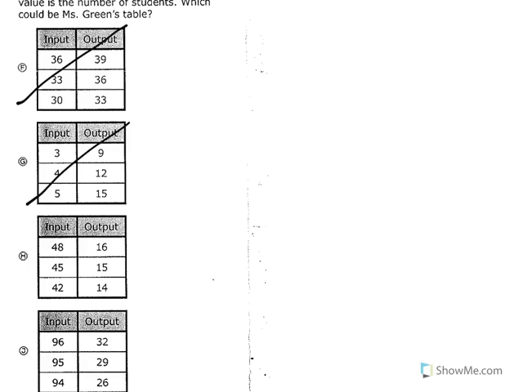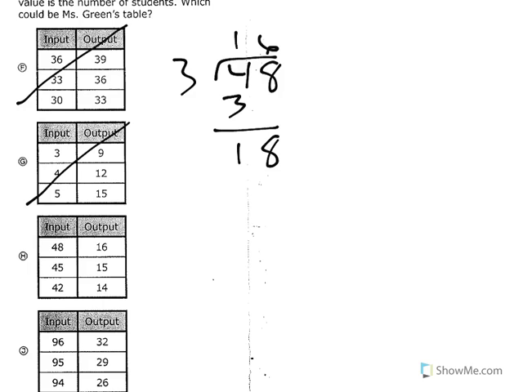So we have 48 divided by 3. 3 goes into 4 one time. That's 3. When you subtract, you get 1 and 18. And 3 goes into 18 6 times. And 6 times 3 is 18.